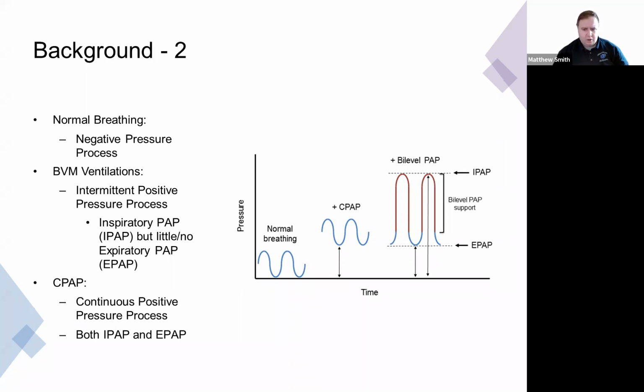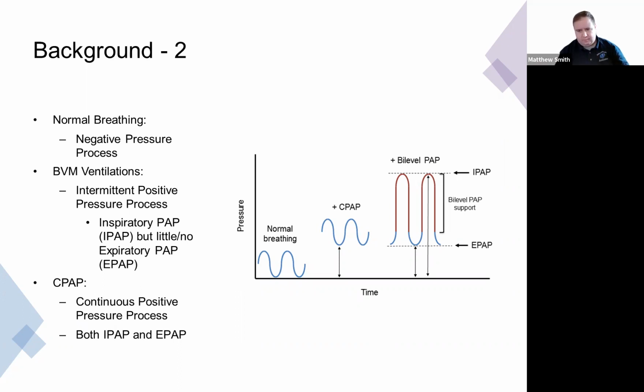And you can see that on this graph up here. As you look at this graph, normal breathing, you see the pressure going up and down rhythmically. And then with CPAP, you have the same rhythm going on, but it's taking place at a higher pressure. And we'll talk about why we would want that higher pressure to exist in just a second.